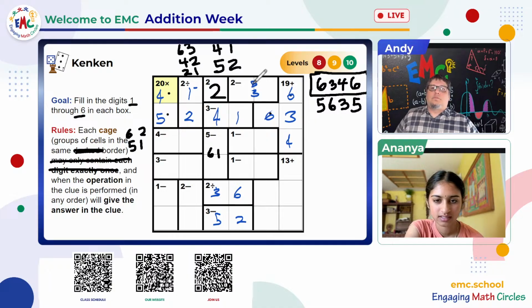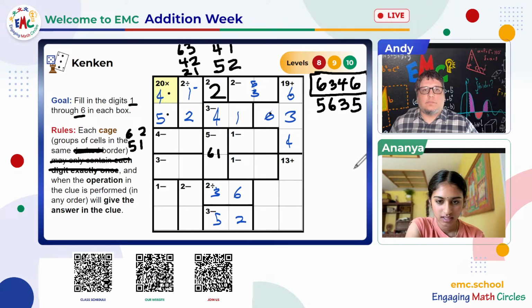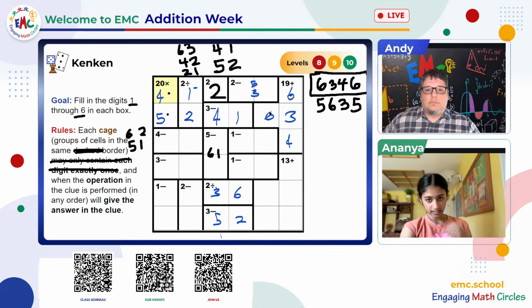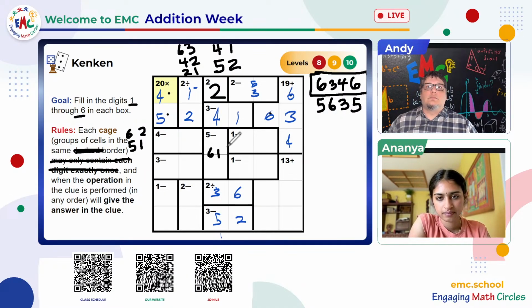What next? Where to? The minus ones, we know we can't have a 6 or 2 for sure. So that leaves 5, 4, but that can't be up here, so no 4 here.